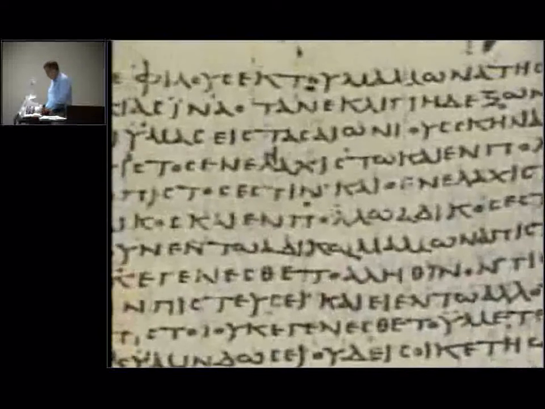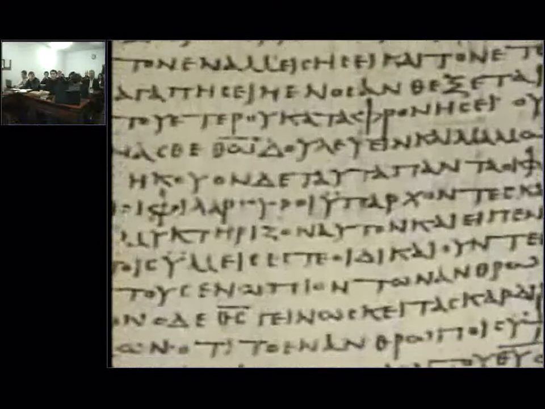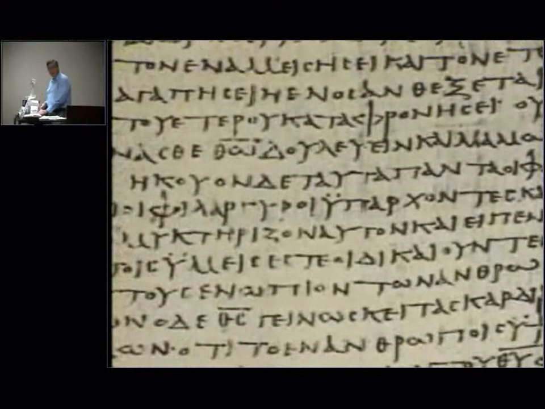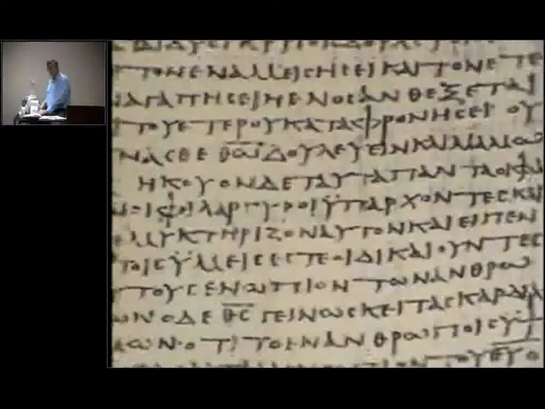In the beginning, it was basically made like this. But as time went by, it grew a longer and longer tail. So this is the difference between the ancient Greek in the ancient manuscripts and the modern Greek, the Greek that we have in our Greek New Testament.